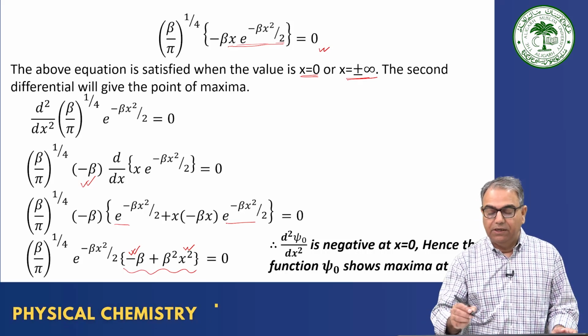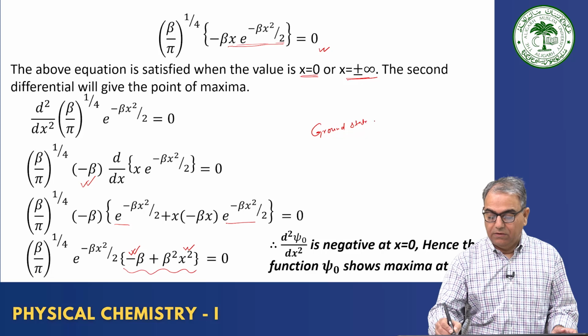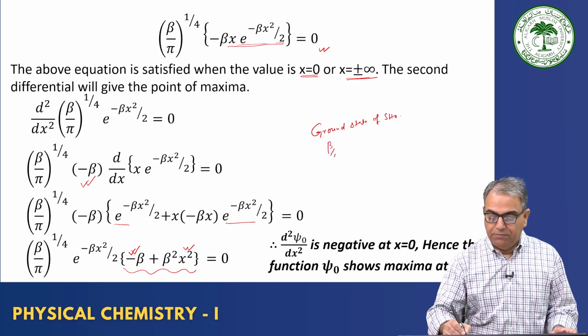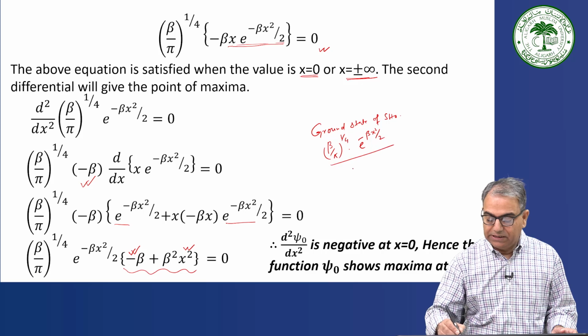So what you observe is that in the ground state of the simple harmonic oscillator, the function (beta divided by pi) raised to the power 1 by 4, exponential of minus beta x square by 2, has its maxima at x equal to 0.